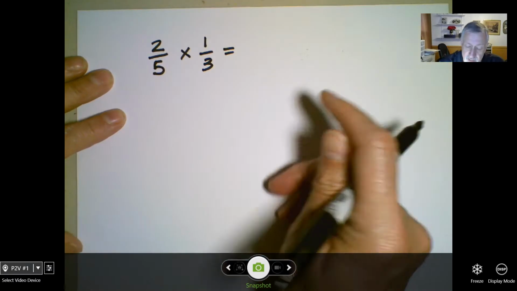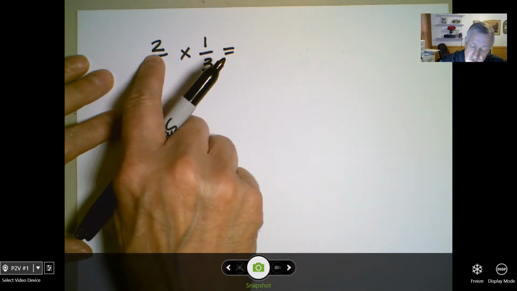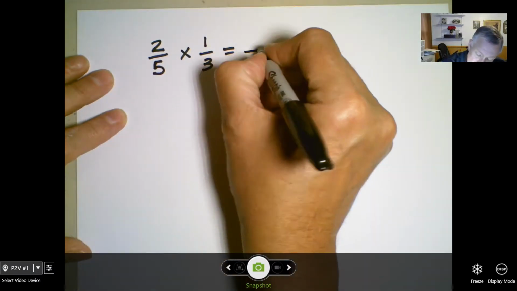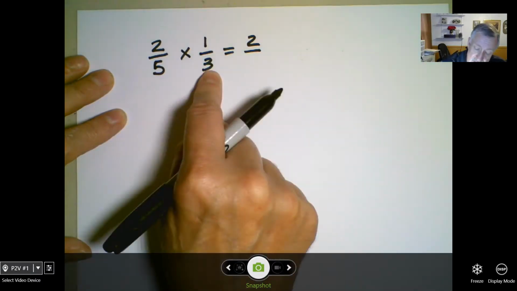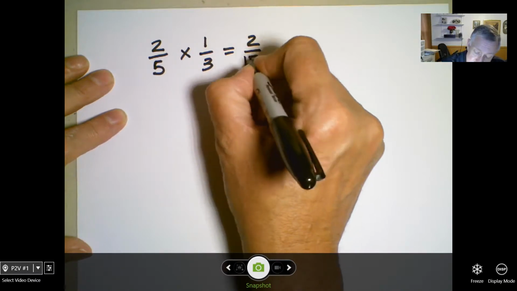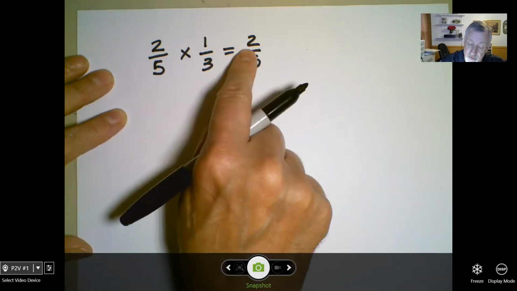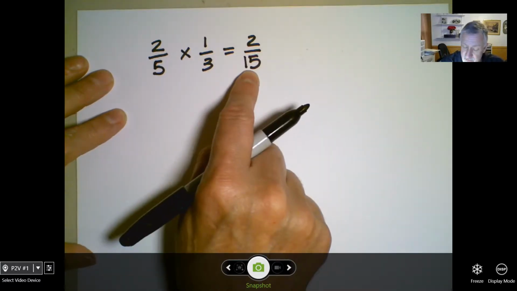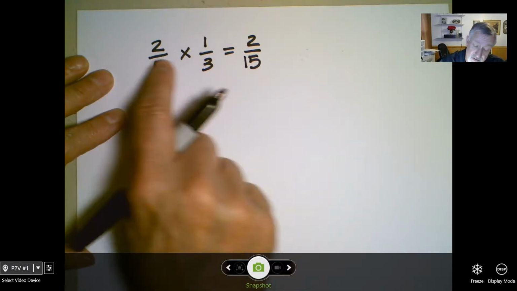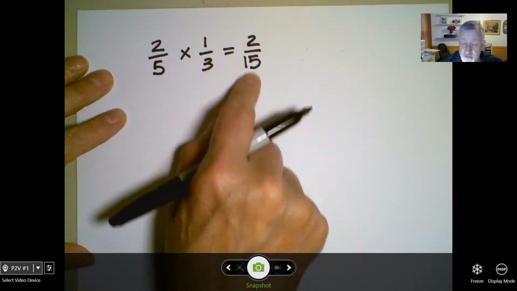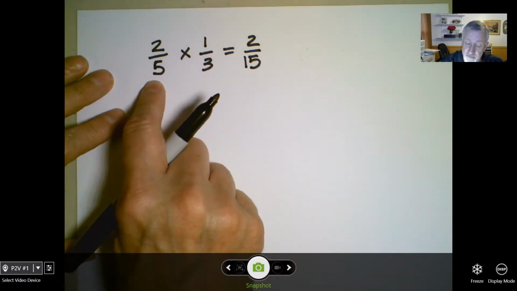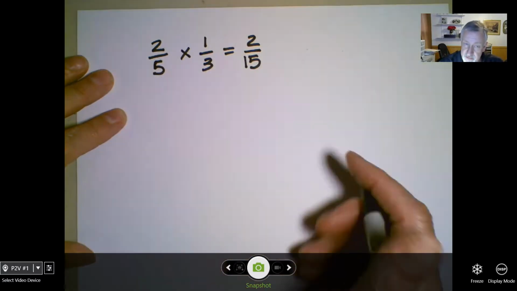We came up with the conclusion that if we just multiplied across the numerators and multiplied across the denominators, we would get the amount of pieces in the set, and we would get the size of the pieces by multiplying the denominators. So for instance, 2/5 times 1/3 equals 2/15. So the area of a shape, 2/5 by 1/3, is 2/15.